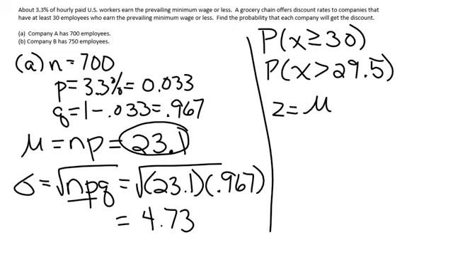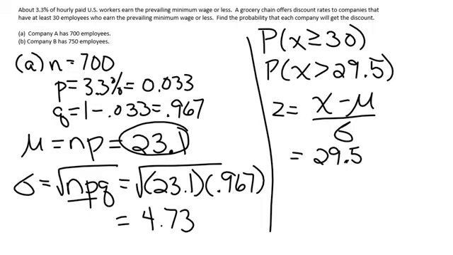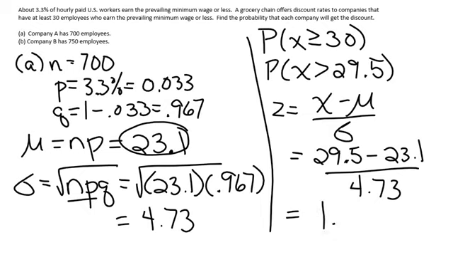Remember that the z is x minus mu all over the standard deviation. So this is 29.5 minus 23.1 all over 4.73. Using these calculations, I find a value of 1.35.